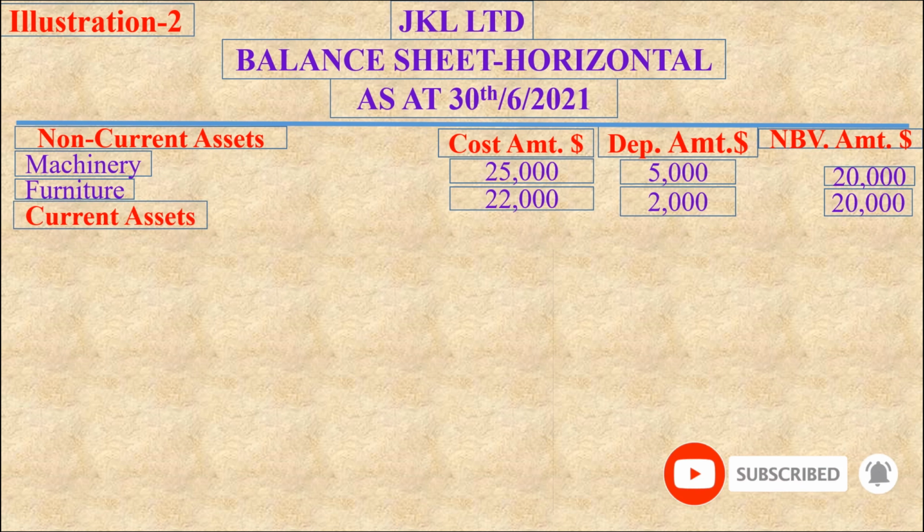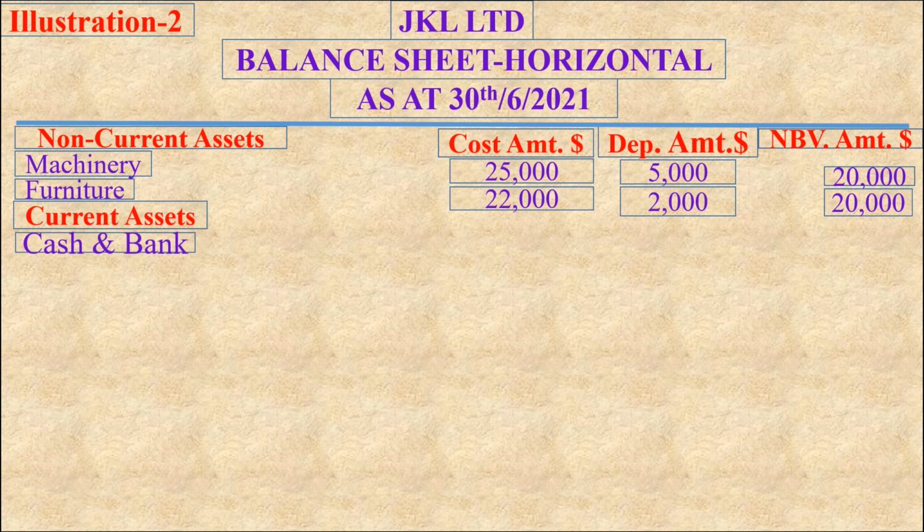Then you consider current assets. Under current assets, you list down the items such as cash in hand and cash at bank, which was 6,000, so it's recorded at the farthest column of our balance sheet.